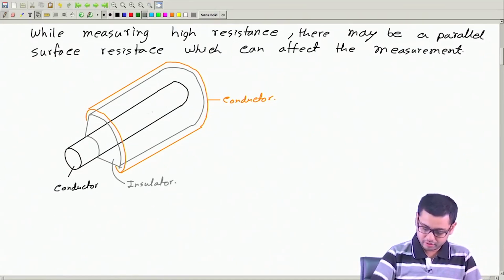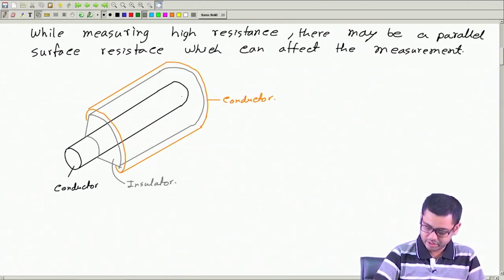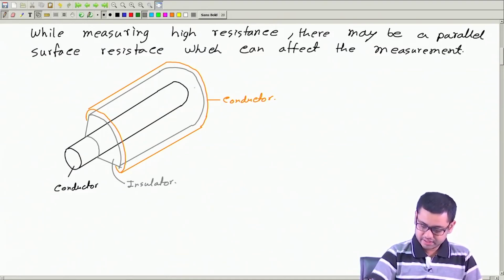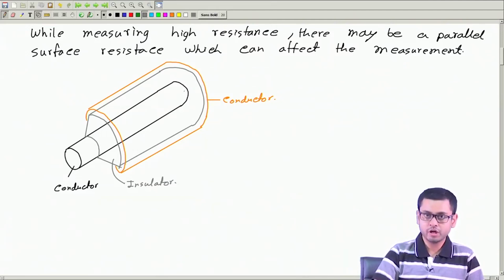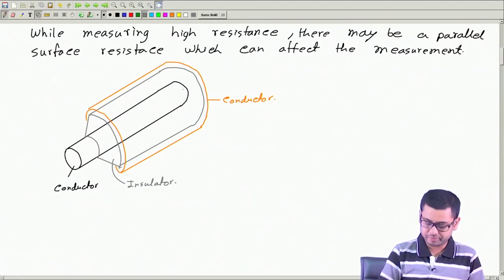Okay. Although I have drawn a small or very short coaxial cable, but this cable in principle can be very long, and this is the cable which is often used for power supply, underground power supply in many of our houses often. Okay.